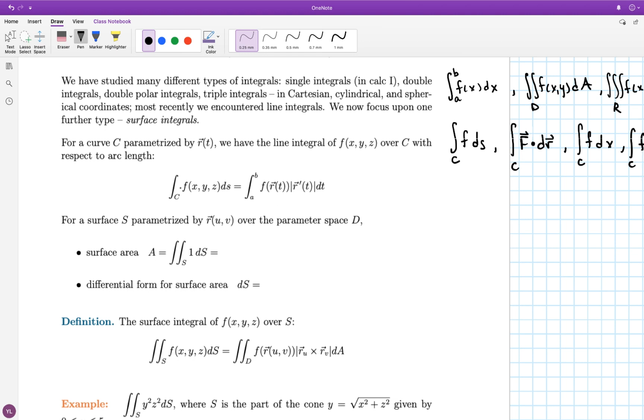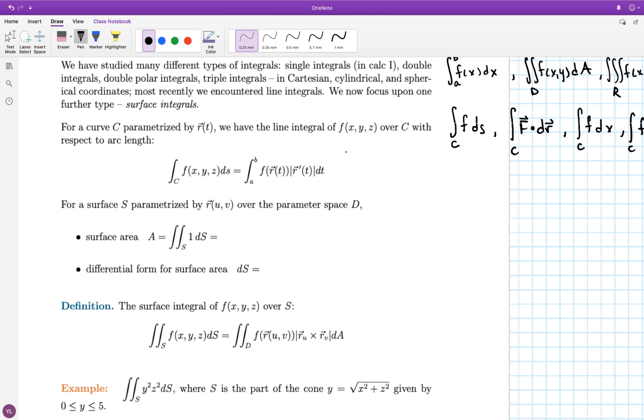If you want to compute the line integral of a multivariate function over a curve with respect to arc length, remember the arc length differential form is d lowercase s, then if you have a parameterization of C, you plug the parameterization into F and multiply by the magnitude of the derivative of the parameterization.